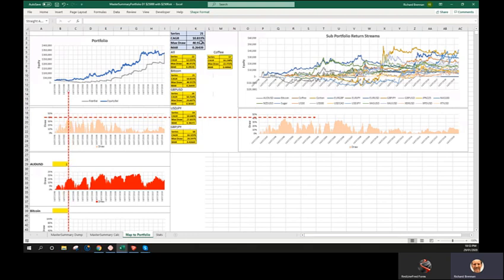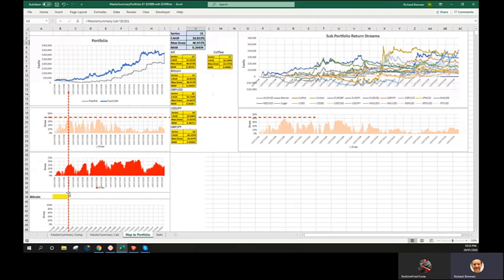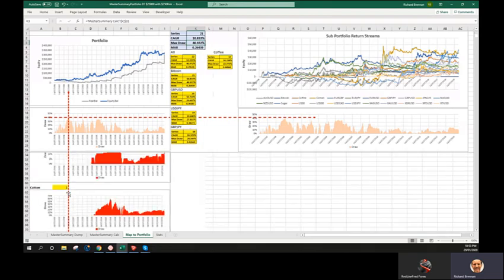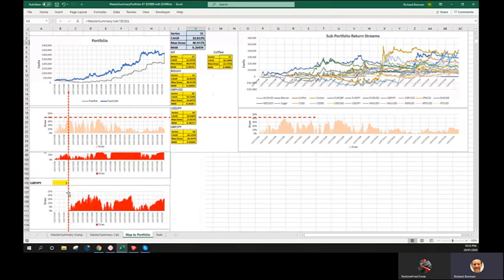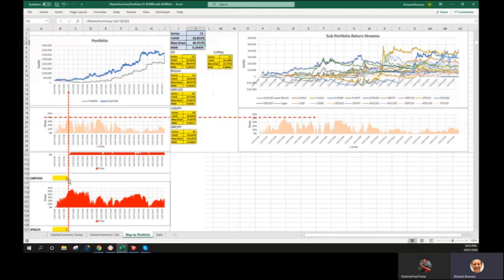At that point in time, our maximum drawdown was 40.972%. Now, there will be particular instruments that are contributing to that drawdown, and we can see it by following this vertical line, and as we step through, we'll see that the pound USD is one of the instruments significantly contributing overall.